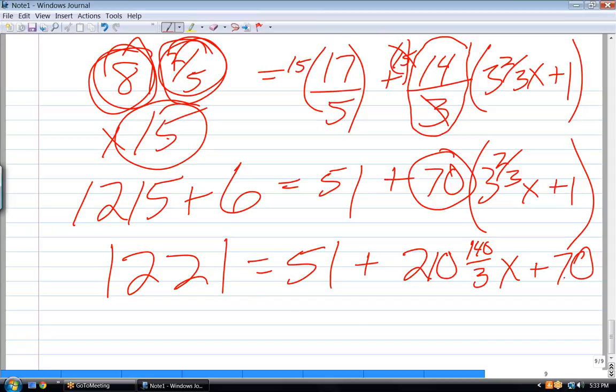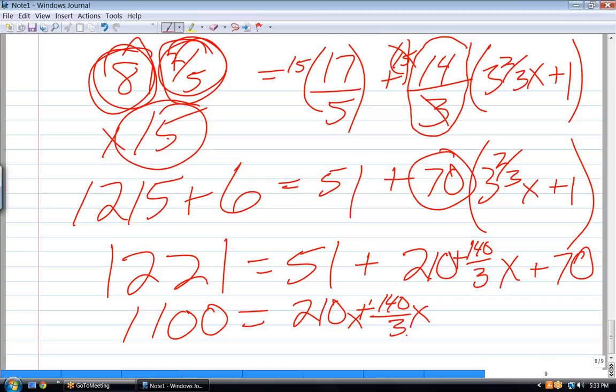The right side has 121 in numbers, so when I subtract that, I get 1100 equals 210. Excuse me, there is a plus there. So it's 210x plus 140 over 3x. In other words, when I multiply the 70 times the 3x, I get this. When I multiply the 70 times the 2/3 x, I get that.